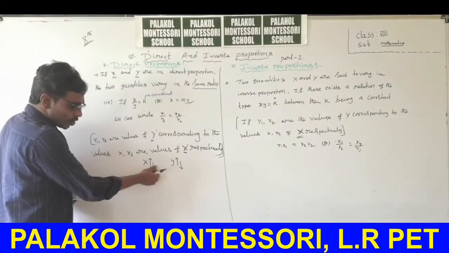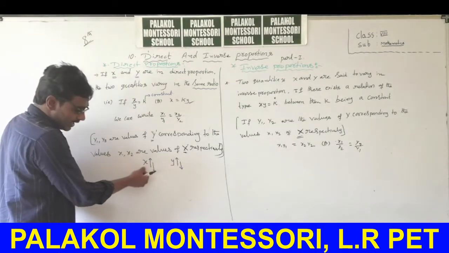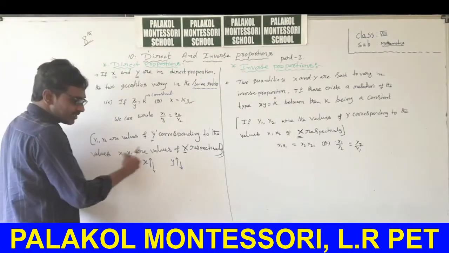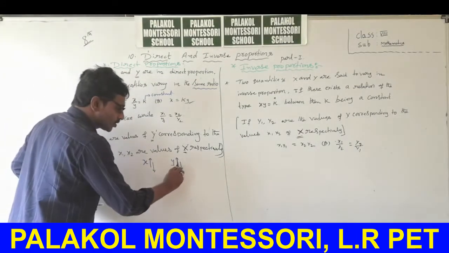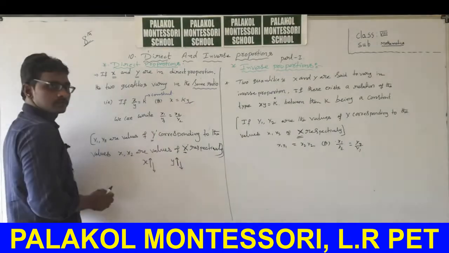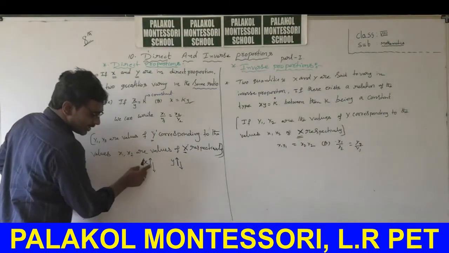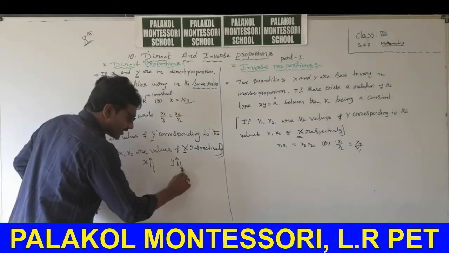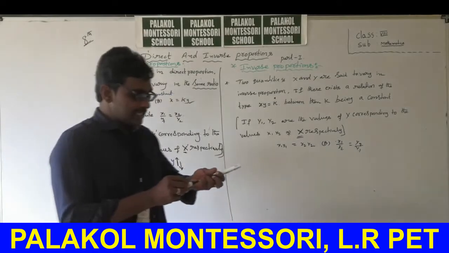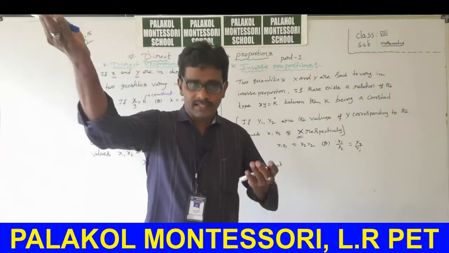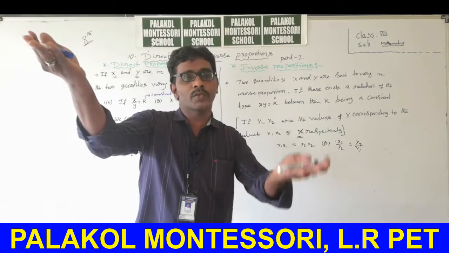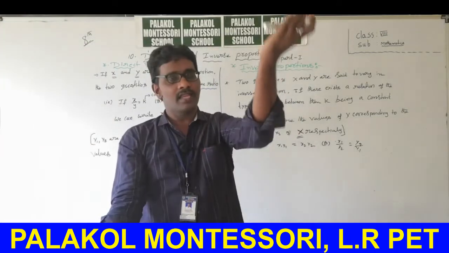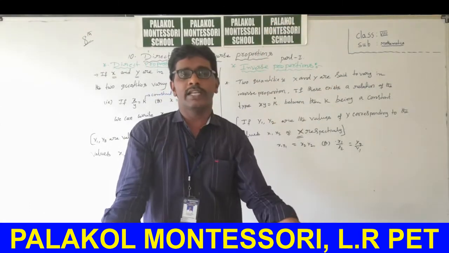So what is this mutual relation? Suppose x gradually increases, and simultaneously y also increases. If x gradually decreases, simultaneously y also decreases. So when one quantity increases, at the same time the second quantity also gradually increases, and when one quantity gradually decreases, at the same time the second quantity also gradually decreases.